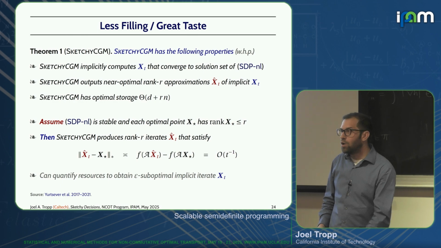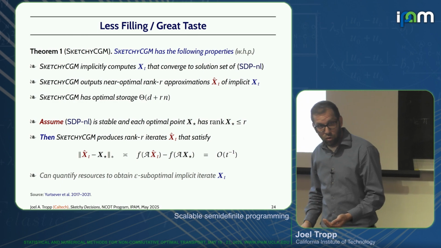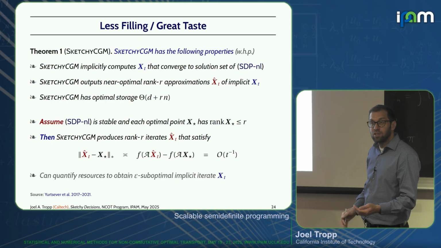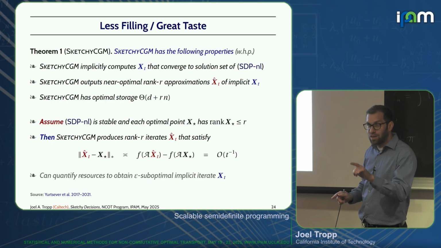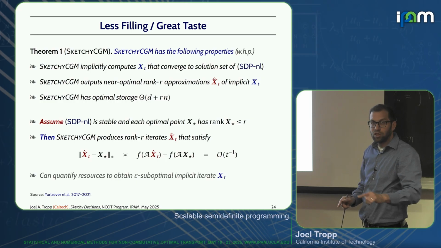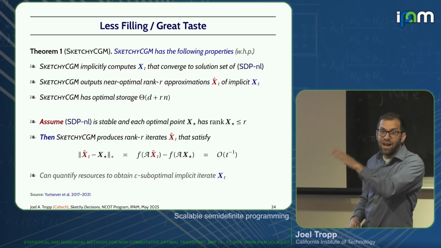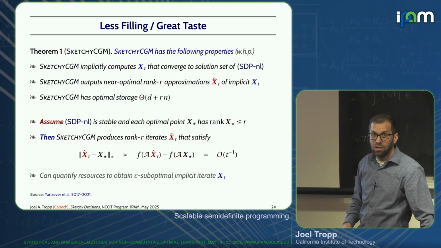So this inherits all of the guarantees of the conditional gradient method for solving this nonlinear SDP. The only difference is that instead of following the matrix that the conditional gradient method is driving toward a solution to the optimization problem, we're tracking an approximation.